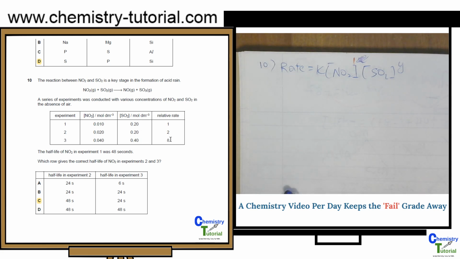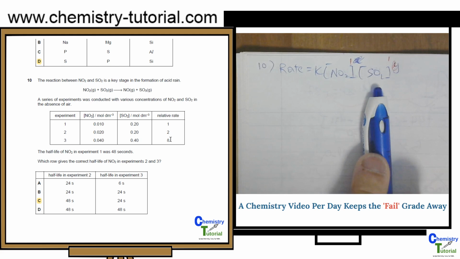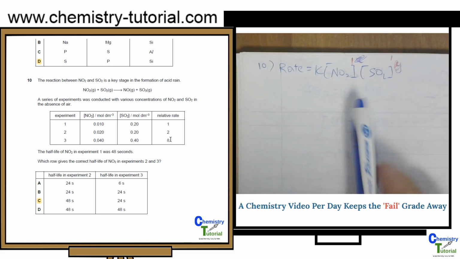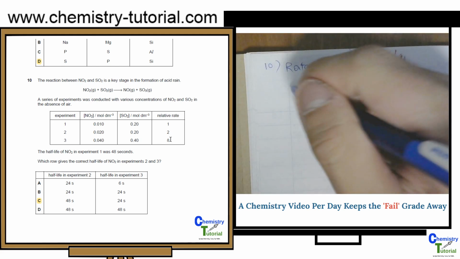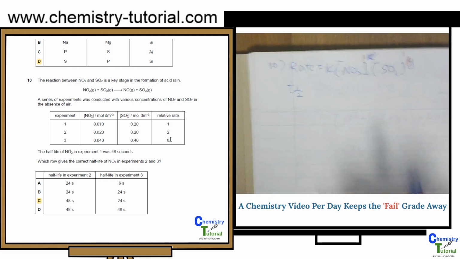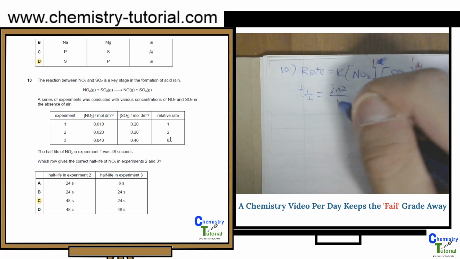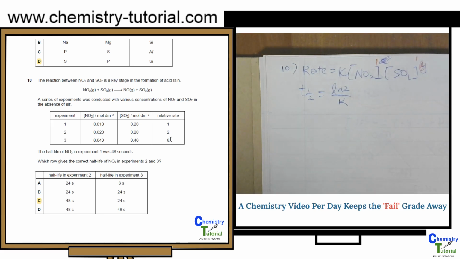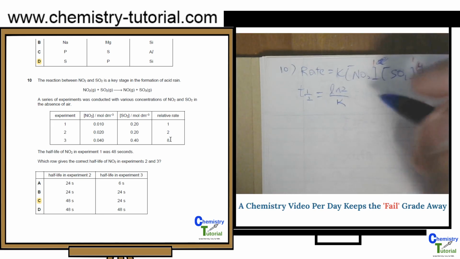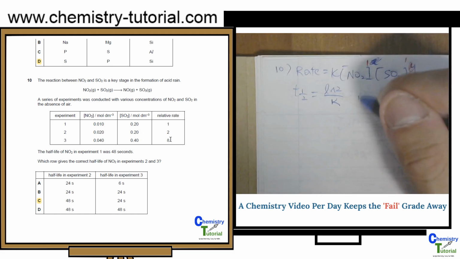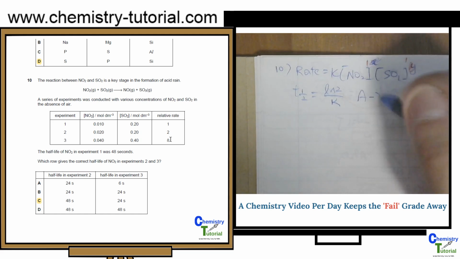In other words, the order of reaction with respect to SO2 is also 1, which means that the overall order is actually 2. Now, if it's first order, that means typically we can use this formula: half-life is ln 2 over K, where K is your rate constant. However, you need to appreciate that in our school notes, what we are working with is usually just a single reactant.